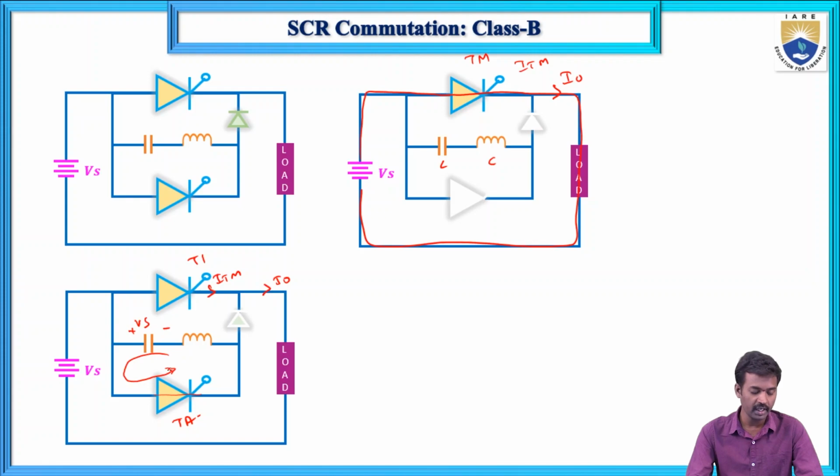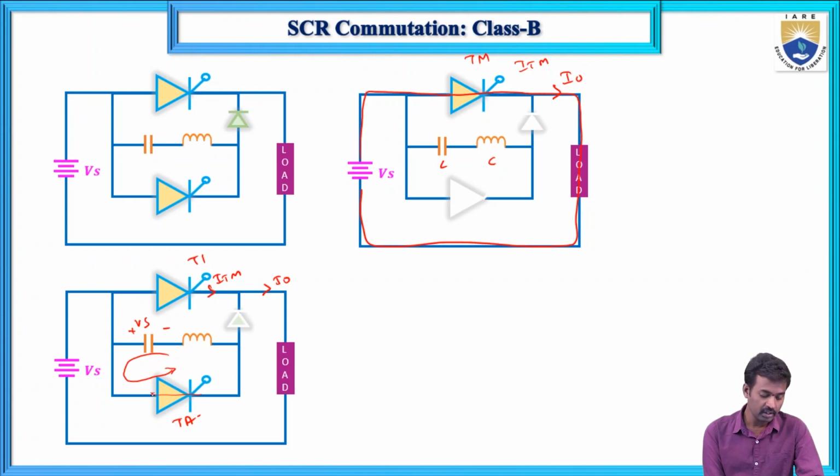Here the capacitor voltage is already Vs. So this current first discharges here, stores in the inductor, and after that it charges here.